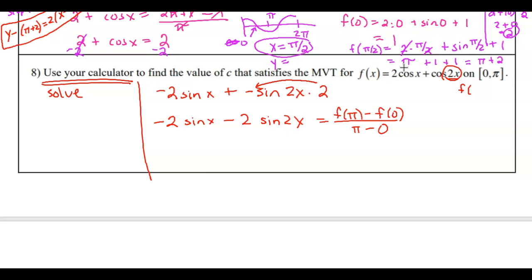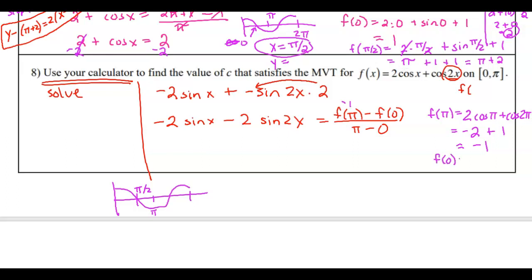So, f of pi would give us 2 cosine of pi plus cosine of 2 pi. The cosine of pi is negative 1, so negative 2 plus the cosine of 2 pi is the same as cosine of 0, so 1, so negative 1.